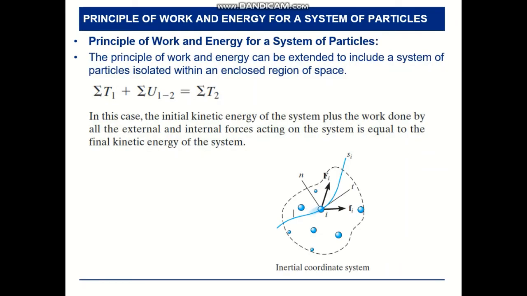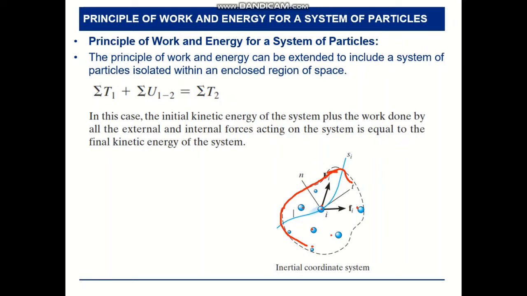What if we have a system? Let's say we have a boundary of a shape, and we have multiple particles of different shapes. In that case, we will take this boundary as a system.